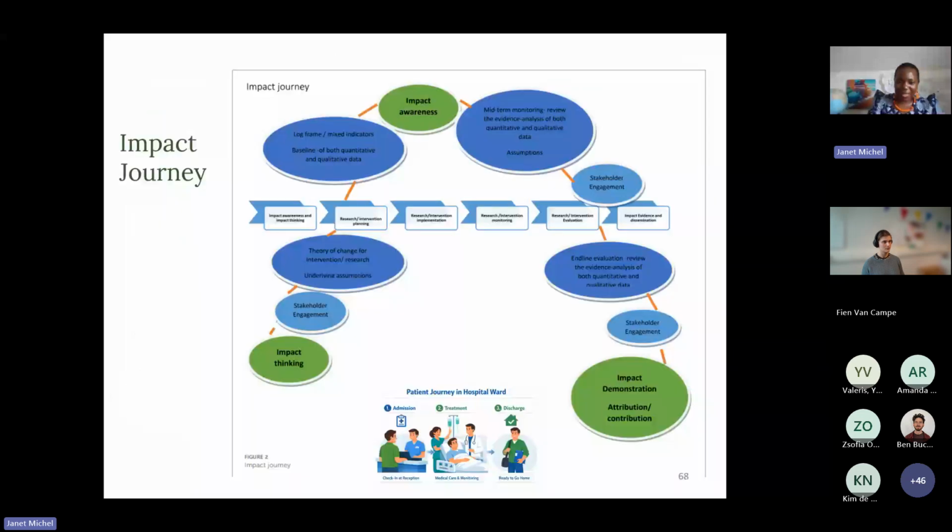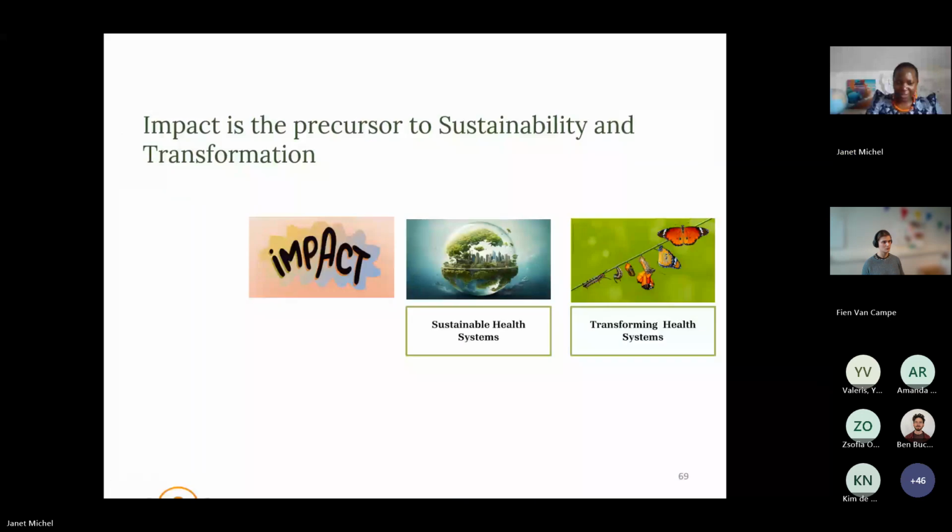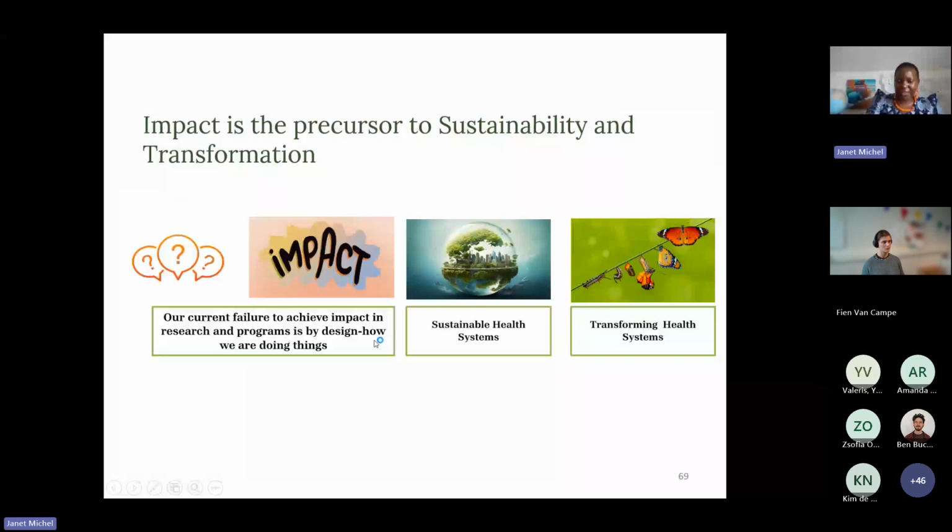So impact is a journey which starts with impact thinking, becomes impact aware, and then you are at the end able to say, have we achieved impact or not? So if we don't crack this box, we will not even talk about sustainability or transformation. And it's for all areas in research.